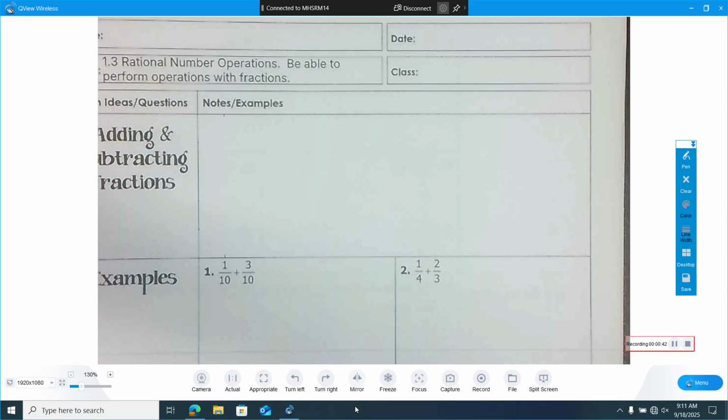So you have two options, and if you decide to do the stations around the room, I do have a few clipboards which you could use.